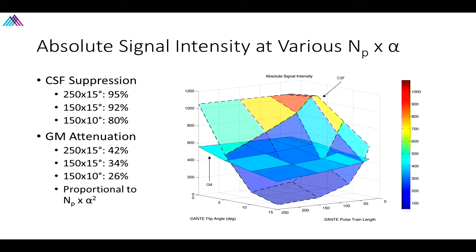But as I said, the signal in the gray matter is also attenuated somewhat, and this is unwanted attenuation. So at our very strongest DANTE, it's 42% attenuation, and moving down to 34 and 26% at more conservative DANTE. And again, this attenuation of static, non-moving signal is proportional to the number of pulses and the square of the flip angle.